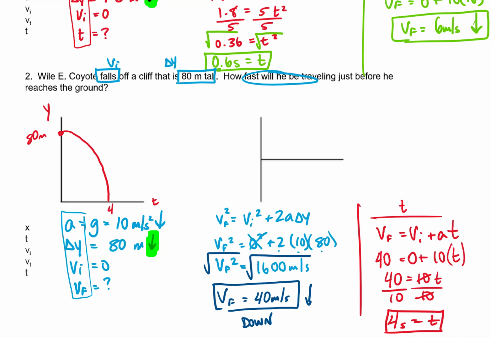When we do the velocity graph that goes along with that, again, it falls down. That's why we get that downward thing. And then for the velocity graph, we're going to start off with the velocity at 0, and we're going to move down in our time. All right, so we end up at 40 meters per second down in 4 seconds. And again, these things are down.